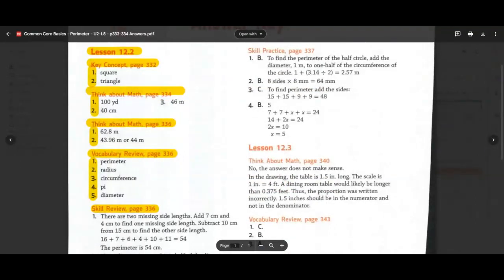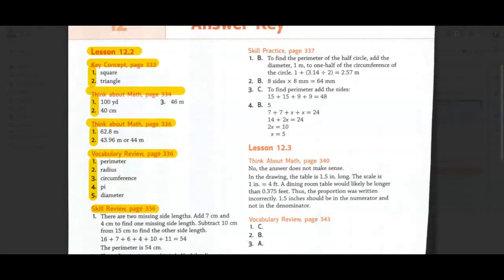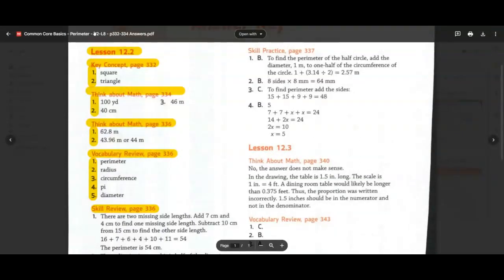I didn't give you page 336, so ignore that part. It's the top. You should have gotten a square and a triangle. And then these are the answers to the 3 perimeter problems.